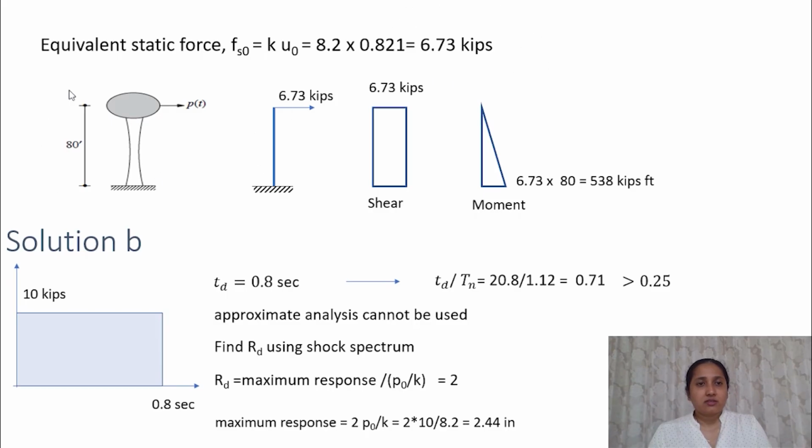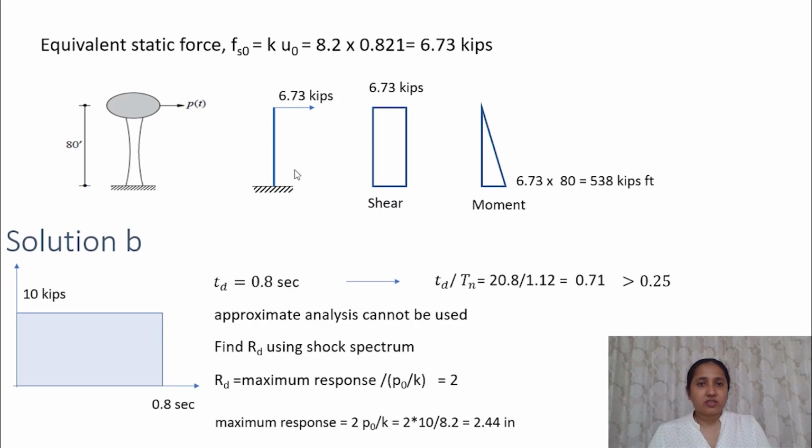This system is equivalent to a vertical cantilever. That is, this supporting system is like a vertical cantilever, and an equivalent force of 6.73 kips is acting here. So we can find the shear force diagram of this. The shear will be constant throughout this section, so the base shear is also equal to 6.73 kips.